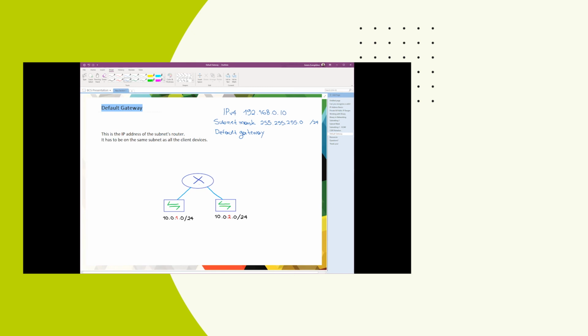In the corporate environment, though, we have, let's say, one router and multiple switches. This subnet here, 10.0.1.0/24, let's say it's the IT subnet. This other subnet, 10.0.2.0/24, is the research subnet.